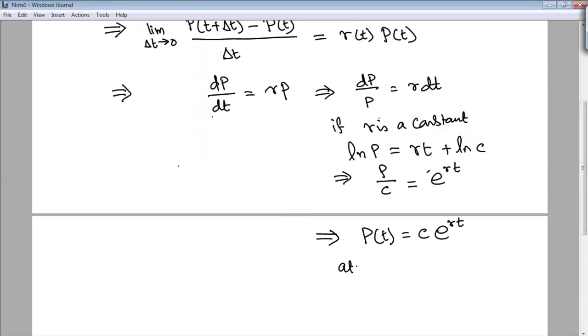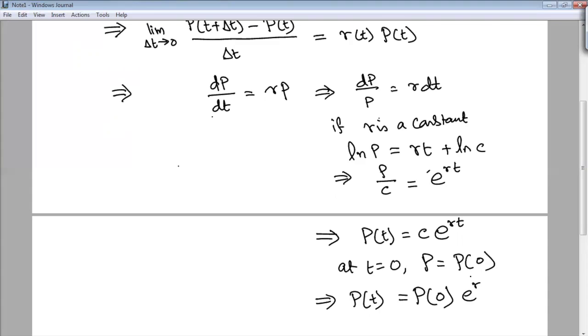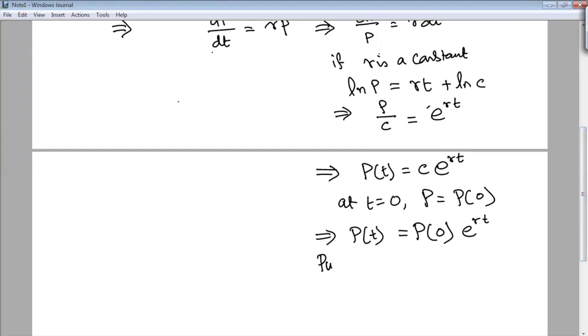But at t equal to 0, we have P equal to P of 0. Therefore, we have P of t equal to P of 0 into e power RT. Now put t is equal to capital T, we get P of T is equal to P0 into e power RT.